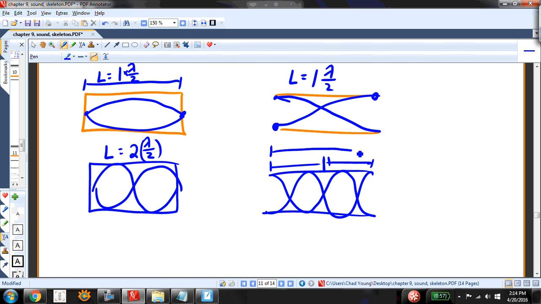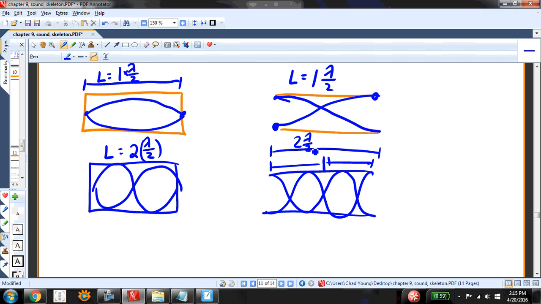So my full length of the pipe is 2 half wavelengths, 2 lambda over 2. And you can imagine it goes on and on. In the next pipe, I'll have 3 half wavelengths. In the next pipe, I'll have 4 half wavelengths. My resonances will increase in frequency, as I cram more and more half wavelengths into each pipe, giving a higher and higher resonance frequency.